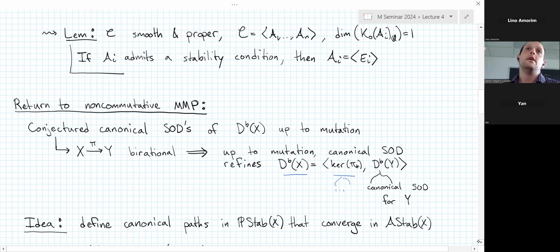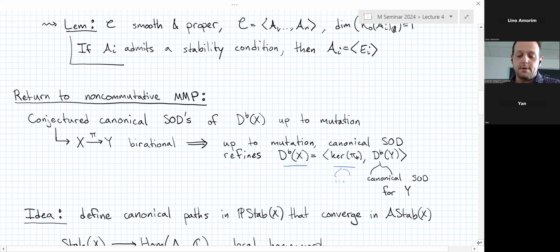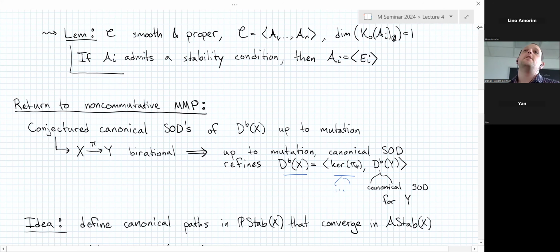But now, after lectures 2 and 3, we have a sort of program for producing these canonical semiorthogonal decompositions. Basically, what you're looking for are canonical paths in the stability manifold, defined up to the action of C, that converge to a point in the boundary, which is one step more concrete than the original. I mean, canonical SODs have been conjectured by Kontsevich recently.